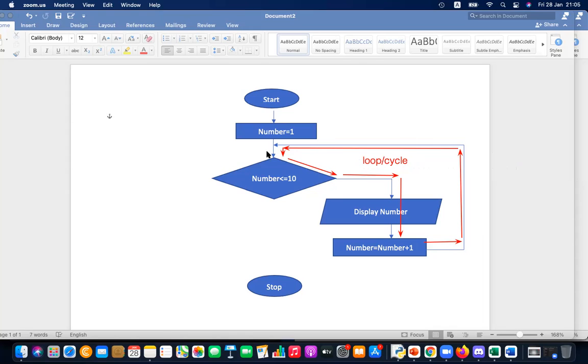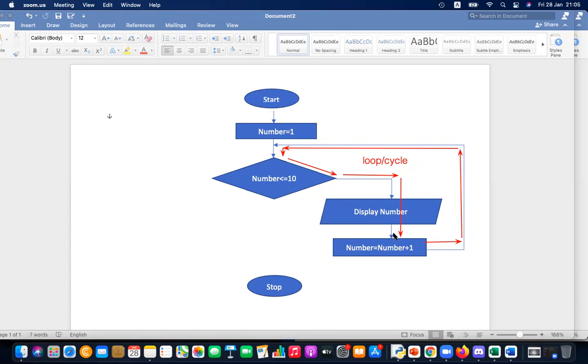So that is what repetition is, a loop or a cycle. Ultimately, first time number 1 is less than 10, printing it, adding 1. Now number 2, printing it, adding 1. Now 3, printing it, adding 1. Now 4, then 5, printing it, adding 1.